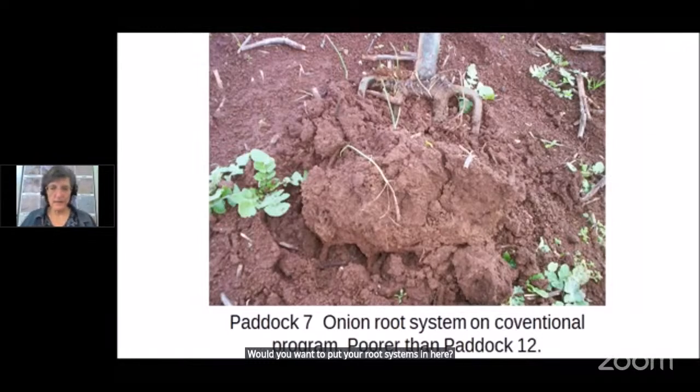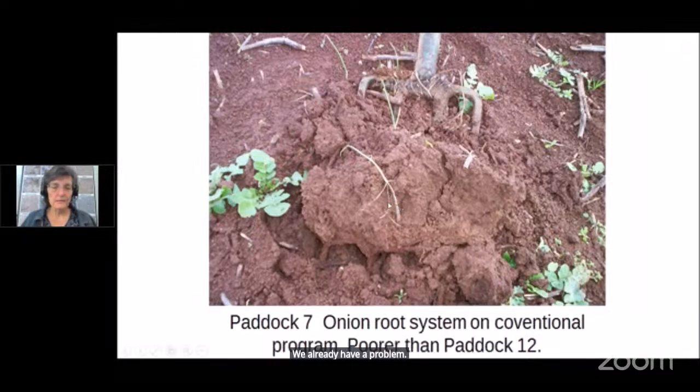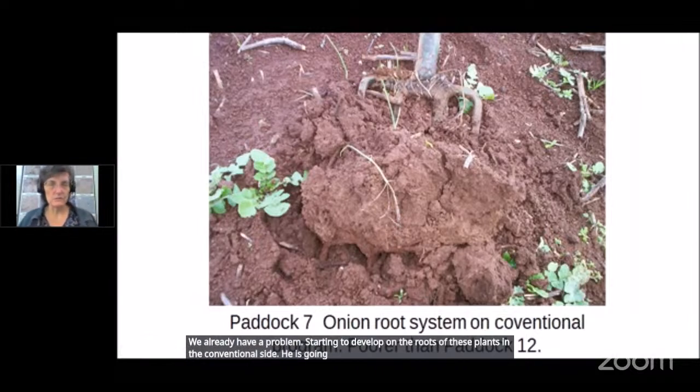And when you look at this little seedling right here, notice where there's already disease attacking that root system. We already have a problem starting to develop on the roots of these plants in the conventional side. He is going to have to use some pesticides to try to deal with these problems so he can get a yield of his onions.